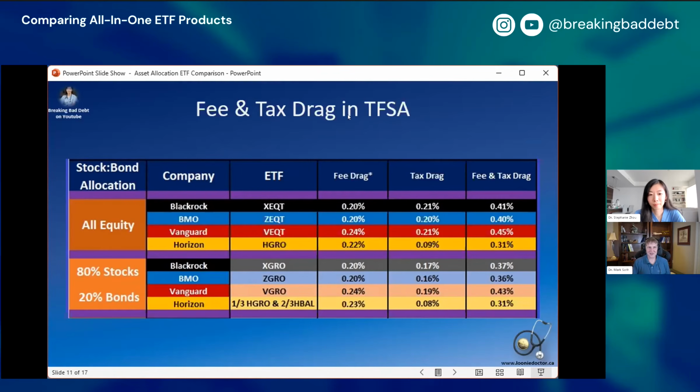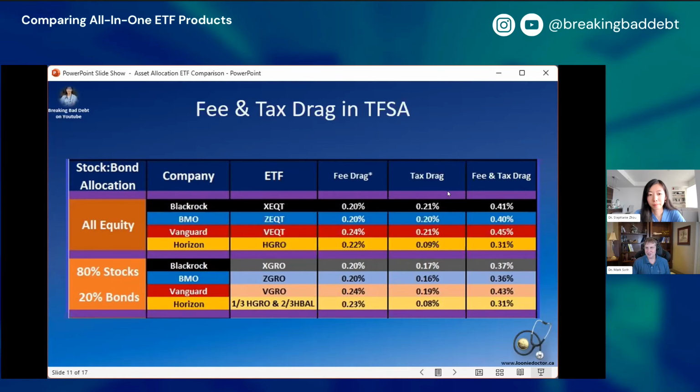Now, this is in a tax-free savings account, and I'm just showing the all equity and the 80-20 stock to bonds ones because those are probably the most commonly used. But if you want to see the full breakdown of all the different types of funds, that's on my website. But here in a TFSA, you can see there is still some tax drag, and you're thinking, oh, well, it's a tax-free savings account. How could there possibly be tax on it?